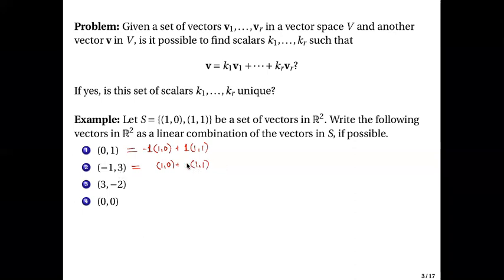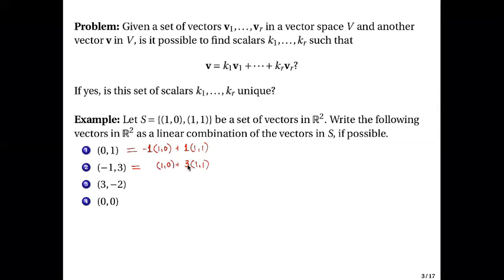Okay? So what we're going to do is to multiply this vector by 3. Because if we have here 3 times 1, that's 3. And then in here, whatever scalar you multiply, this is still 0. So 3 plus 0, that will give us 3. Okay? Now, what about this -1?